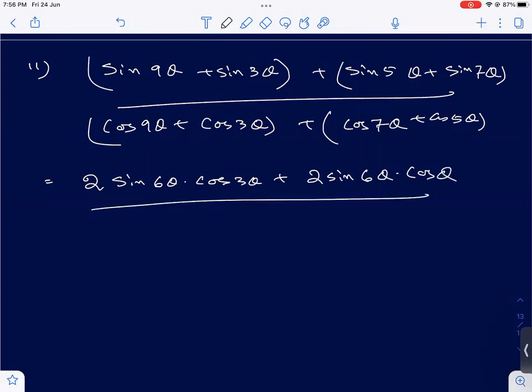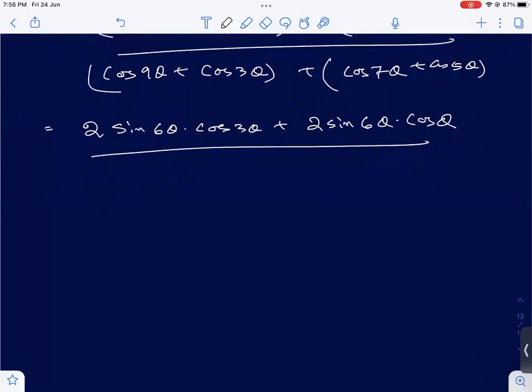So everybody, you must see that there can be some problem in writing. So just manage one. This is coming to 2 cos (C plus D) by 2, cos 6 theta into cos 3 theta plus 2 cos 6 theta into cos theta.